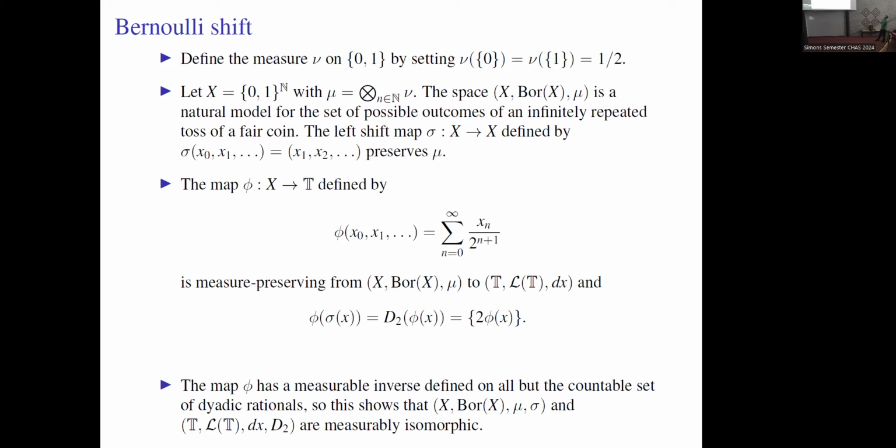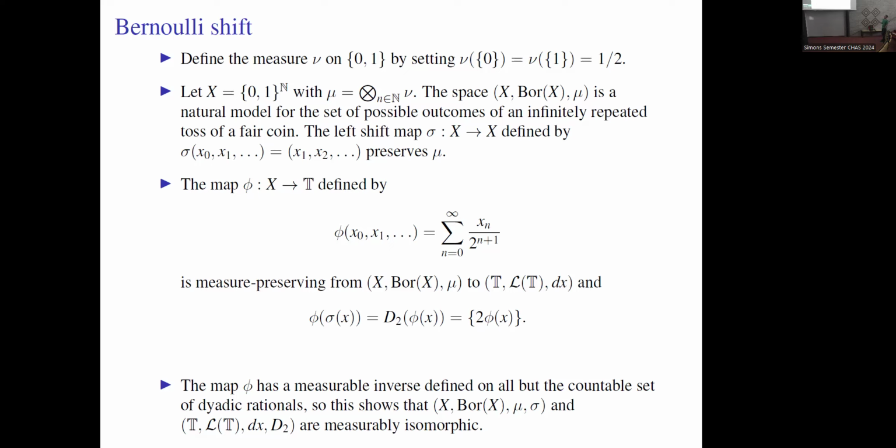This set is a compact space, equipped with this nice product measure, where each mu is a measure which gives 1/2 to 0 and 1/2 to 1. And the shift operator, which is given by this formula, preserves this measure. This can be verified; it's a simple exercise in measure theory.